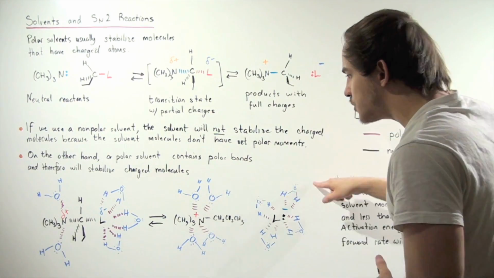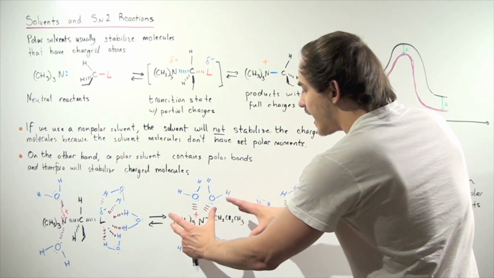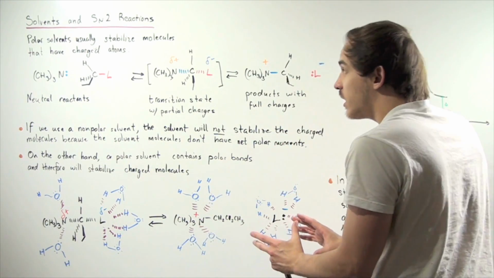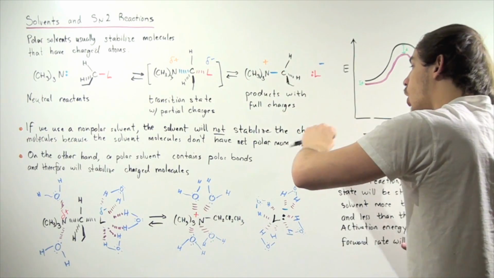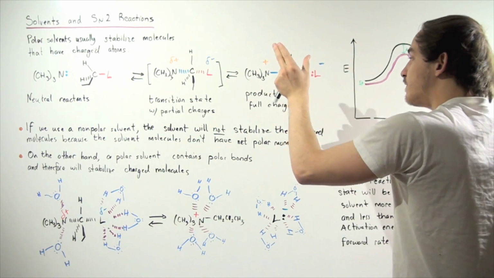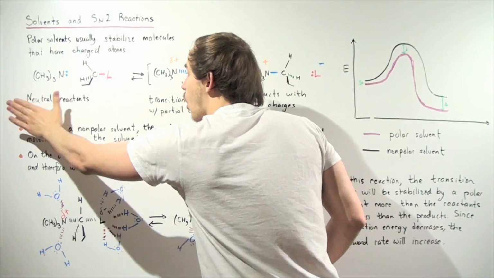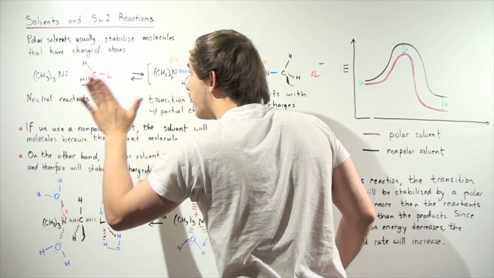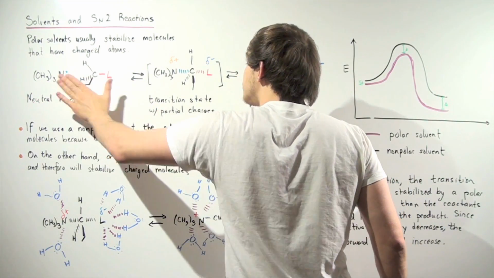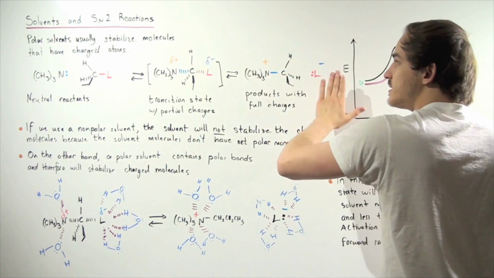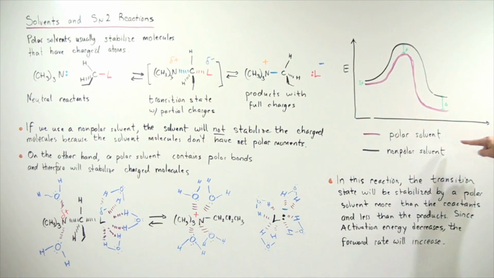And we have more H's around this leaving group. So now these guys are stabilized even more than the transition state because they have a larger charge. This has a full positive charge and a full negative charge. Now this will also be stabilized, by the way, but less than this or this, because these are relatively neutral compared to these guys. So let's examine our polar solvent.